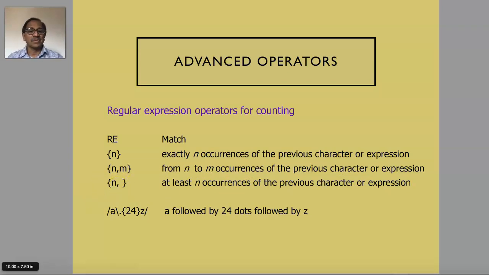So for example, you say a slash dot 24 in curly brackets and z. What we are saying is a should be followed by 24 dots and then z. So this regular expression matches with a, 24 dots and z, right? So curly brackets is giving you an option of telling how many occurrences we need of a particular character or string or expression.